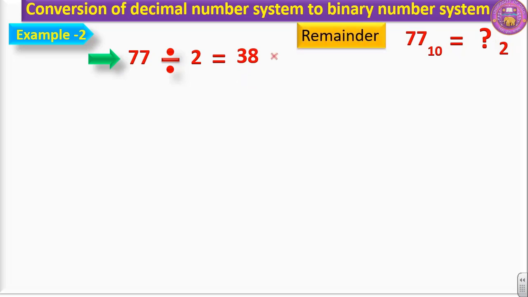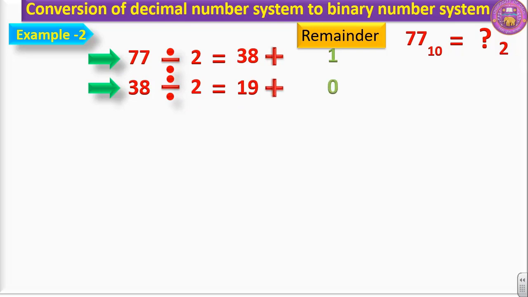Remainder is 1. 38 divided by 2, it comes to 19. Remainder is 0. 19 divided by 2, it comes to 9 and the remainder is 1.